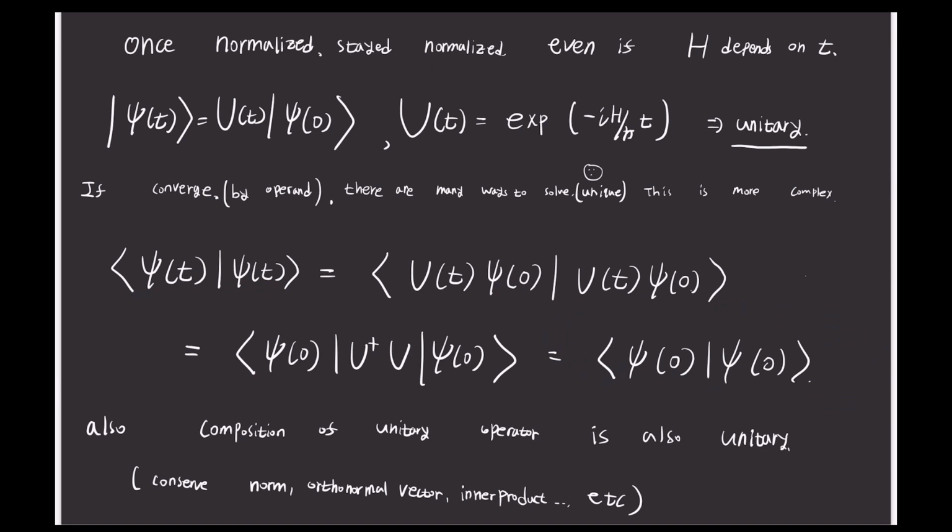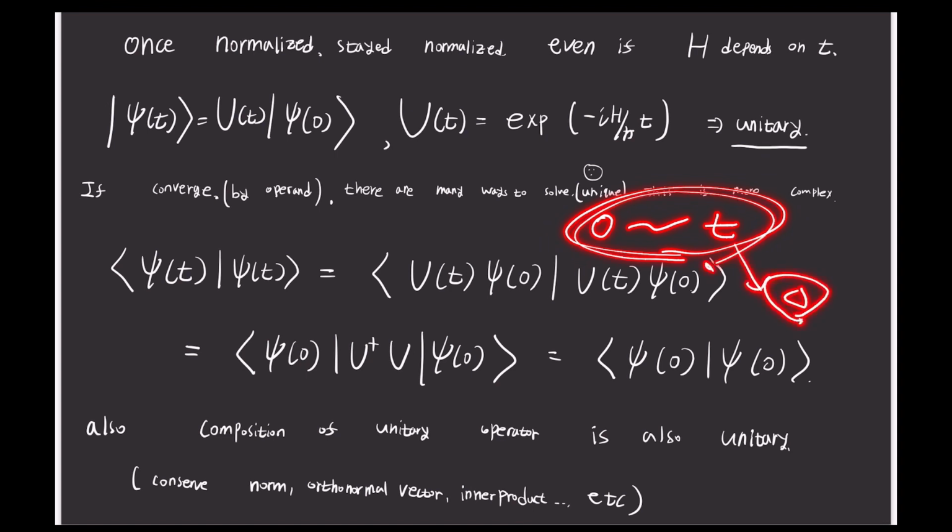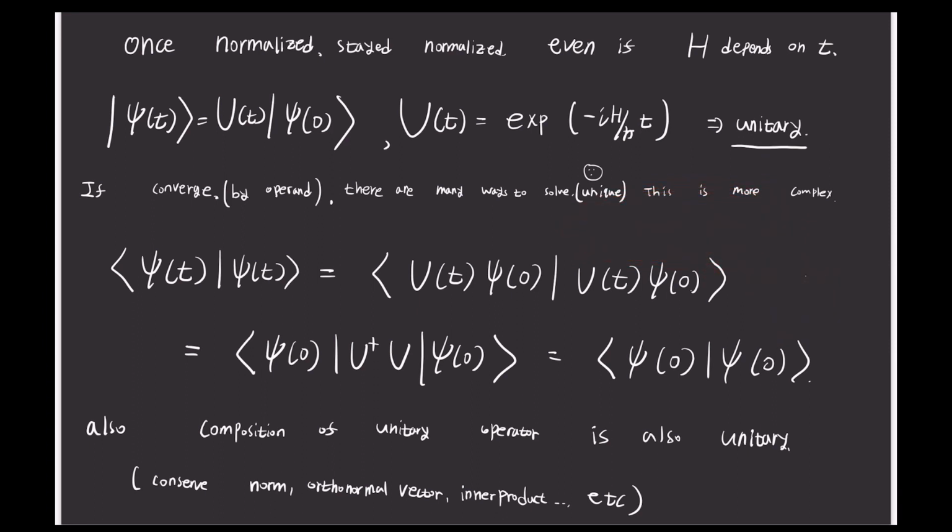And I'll tell you something more. Even if the Hamiltonian depends on time, it doesn't matter because we can divide time into infinitely small intervals denoted by delta, and in this delta interval we can regard the Hamiltonian as a constant, like a linear approximation.